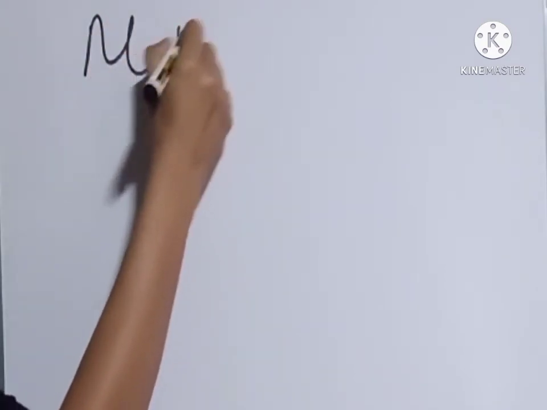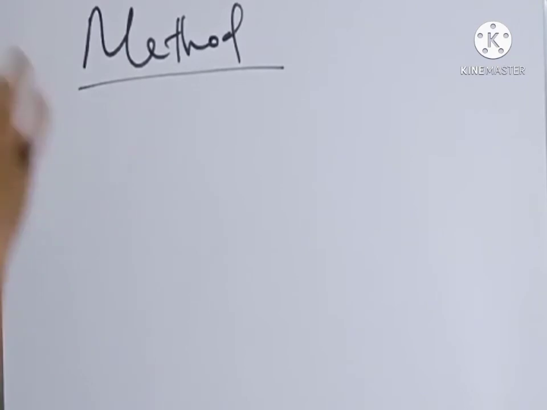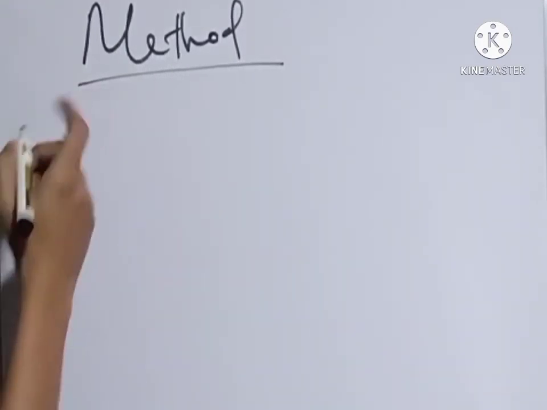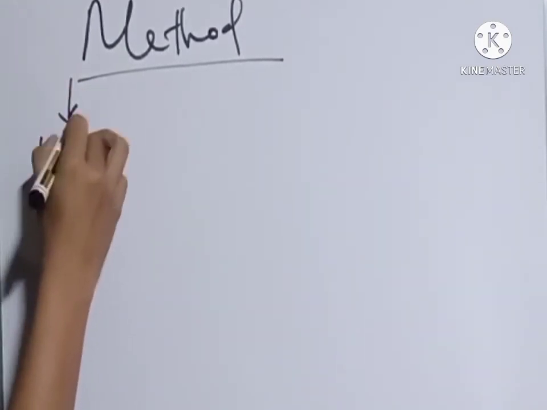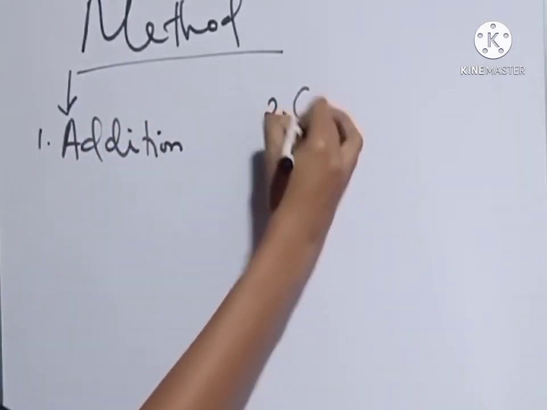Next classification is based on the method of polymerization. So based on the method of polymerization, we can classify them into two. The first one is addition polymers and the second one is condensation polymers.